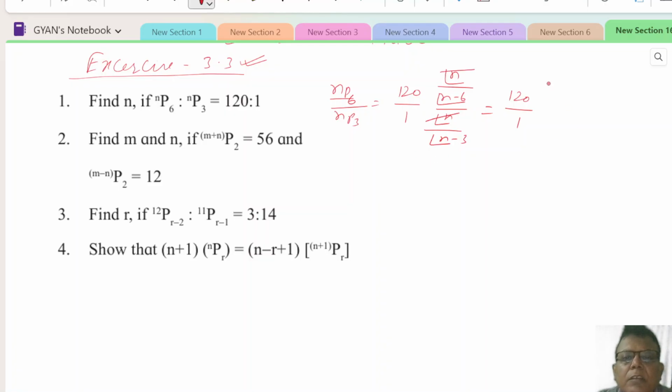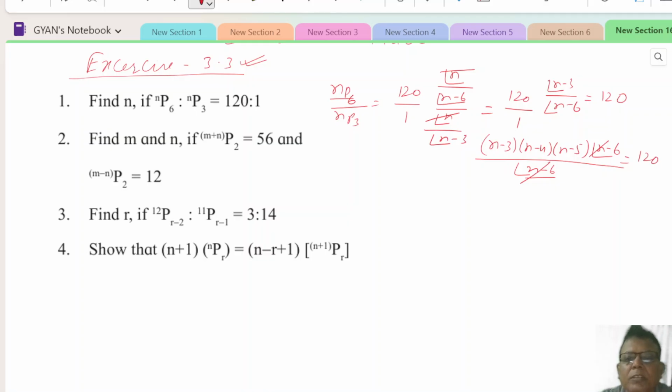So again this will be factorial n minus 3 divided by factorial n minus 6 is equal to 120. So that is equal to n minus 3, n minus 4 and n minus 5 into factorial n minus 6 divided by factorial n minus 6. So this will get cancelled and this is equal to 120.